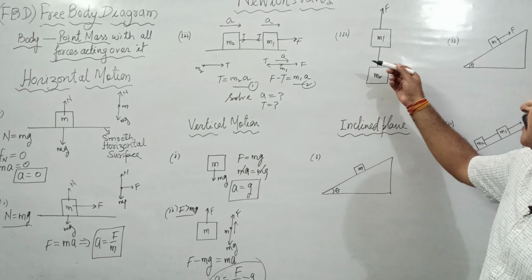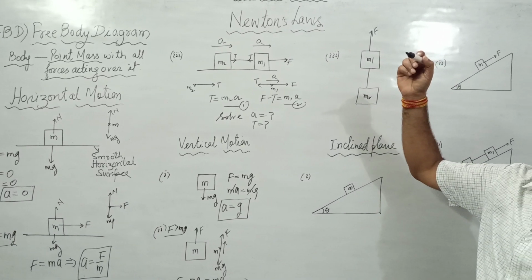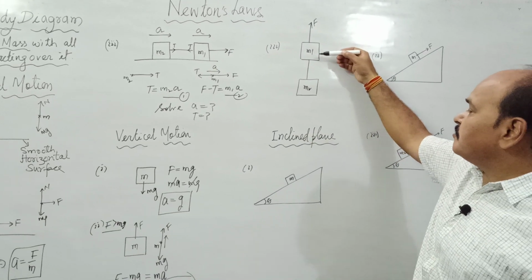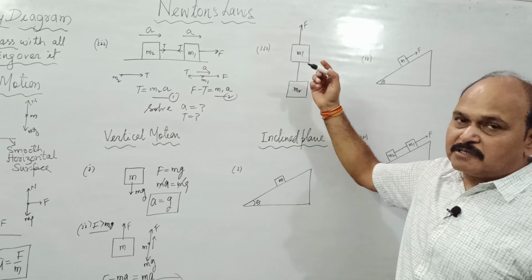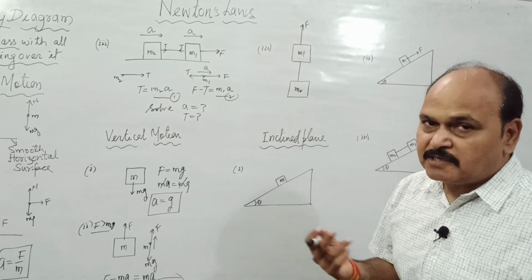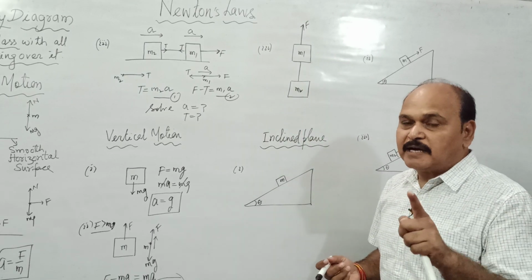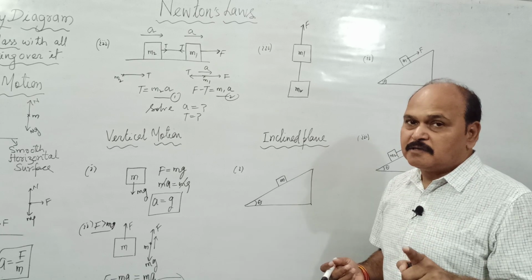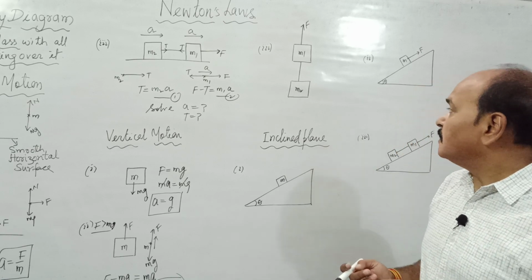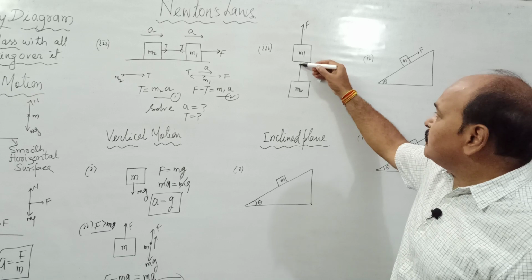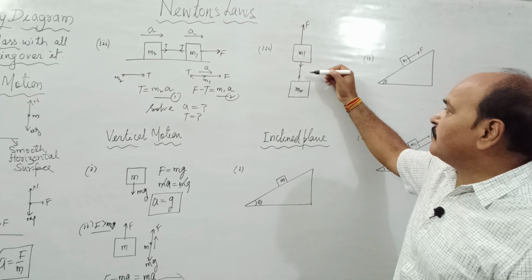This is the acceleration with which the body is going to move up. This is situation number 3 for vertical motion, where these two masses are connected by a string. String is again light and inextensible. Well, the tension in the string would again be made away from the masses.